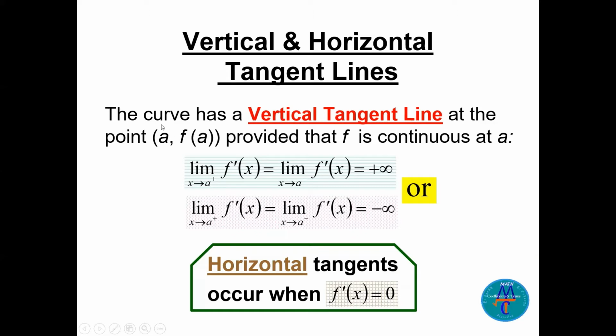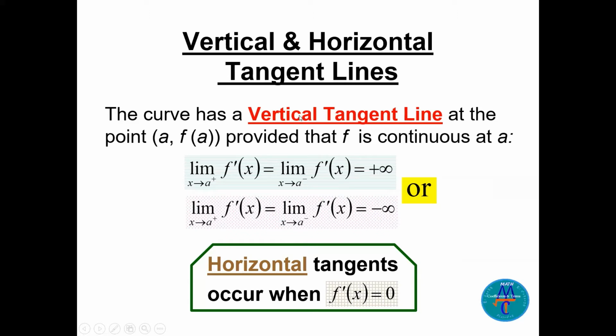Now let's define the vertical. The curve has a vertical tangent line at the point (a, f of a), provided that f is continuous at a, and the limit of f prime, the derivative, as x goes to a from the right or from the left, should be plus infinity on both sides, or minus infinity on both sides. So the limits are equal, but they are infinity, not a number.